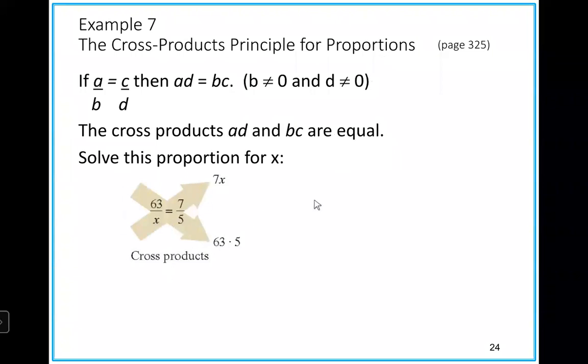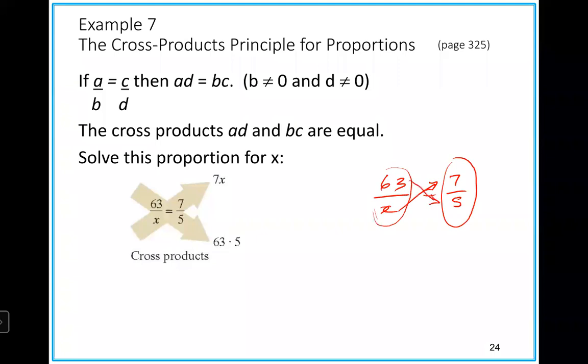So you'll see this here. We have 63 over x is equal to 7 over 5. So we end up with two fractions there, but one way to solve these type of proportions, when you have one fraction equal to another, is to do what is called a cross product.